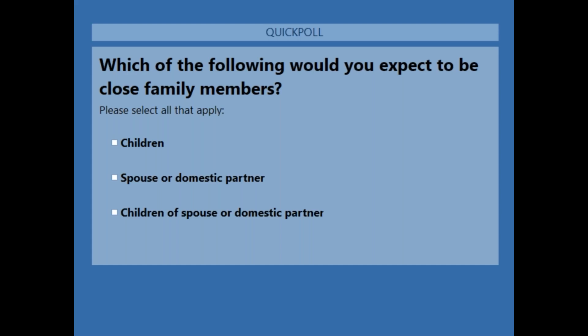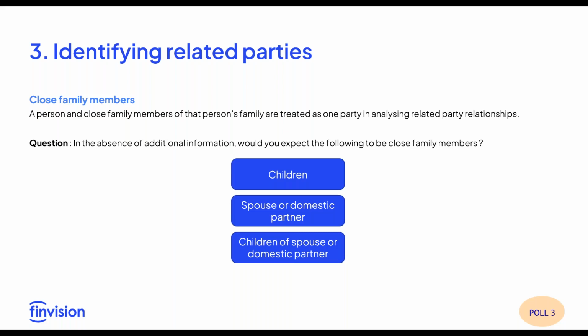I will close the poll as most of you have answered. And what we can see is that for the children, it's for most of you quite obvious that these are close family members. For the spouse or domestic partner or the children of the spouse, there is more doubt. But we will have a look at it.